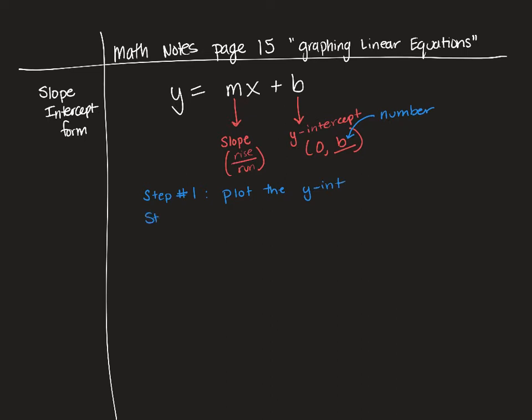And then step number 2, use the slope to find the second intercept, or we could say point. And then step number 3 is just connect the dots and make your line.